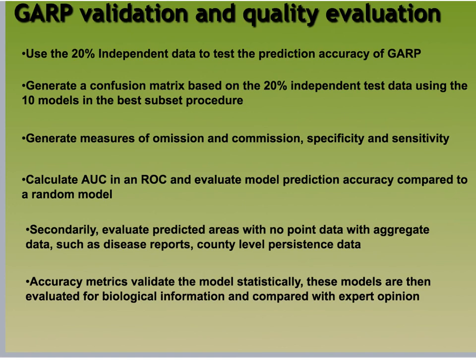Those green dots, that independent testing data, which is usually between 20 and 25% of your total sample size, are used to calculate a confusion matrix outside of GARP using the GIS, the raster prediction of the best subset and the individual 10 models in the best subset to calculate our area under the curve, and then to calculate our measures of total and average omission and commission that you saw in the table just a moment ago. So we do a post hoc evaluation to calculate the area under the curve.